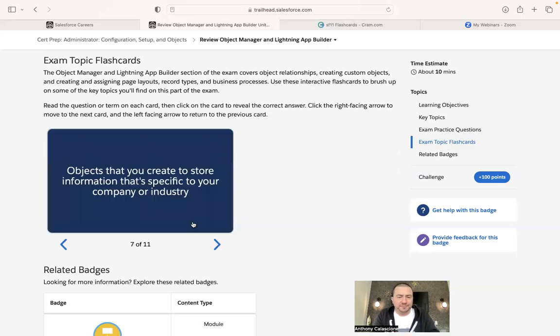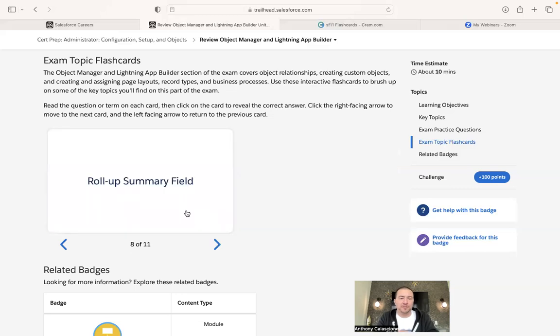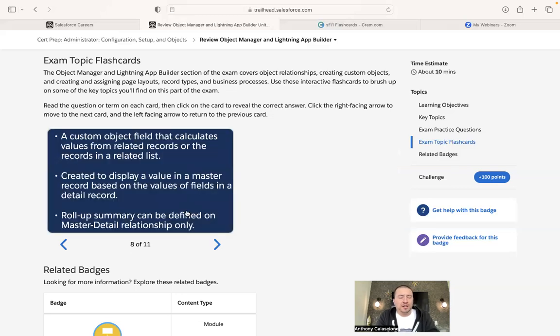Custom objects. Objects that you create to store information that's specific to your company or industry. Roll-up summary field. A custom object field that calculates values from related records or the records in a related list.